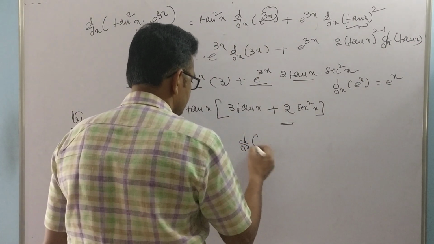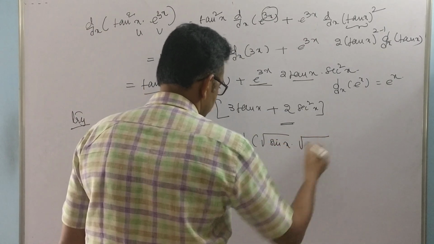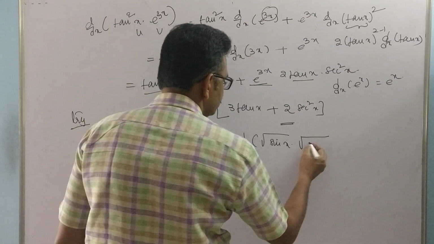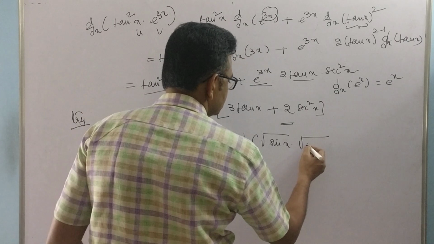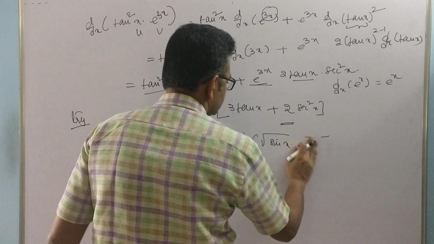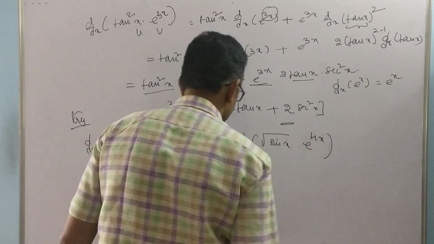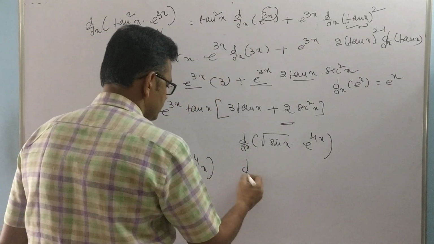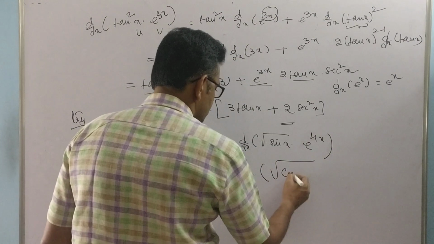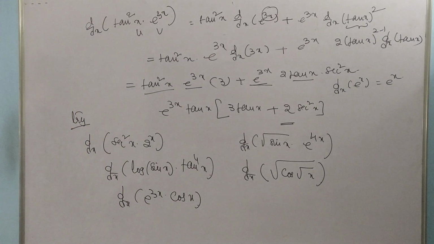Derivative of root of sin x into root of tan x into e power 4x. Derivative of root of cos of root x. Now we have to find the derivative of all these functions.